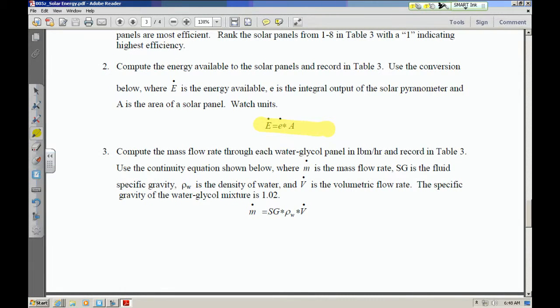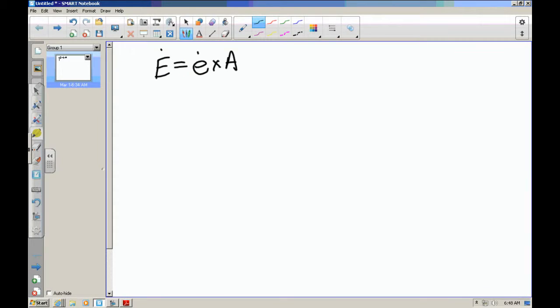Little e is the integral output of the solar pyrometer. A is the area of the panel. Dots just mean rates. So that's energy over time, and watts per meter over time, and then area.